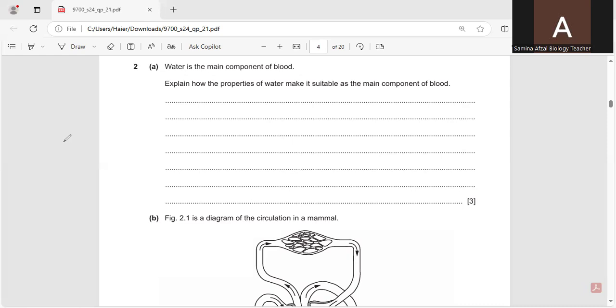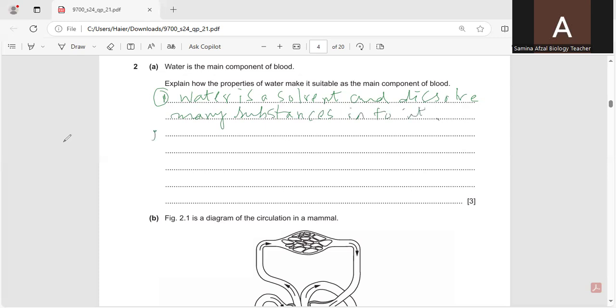Because it is a very important part, the first property which can be written is that water is a good solvent, which can dissolve many substances in it.